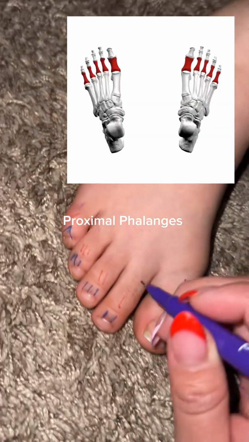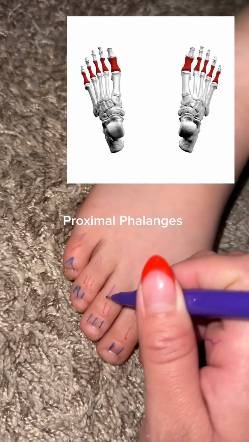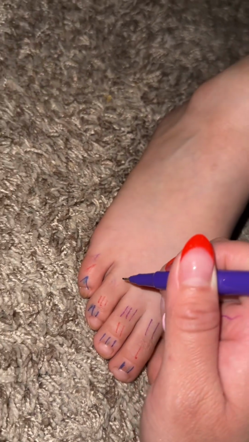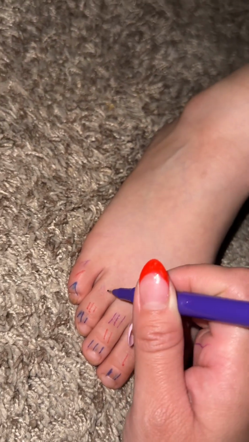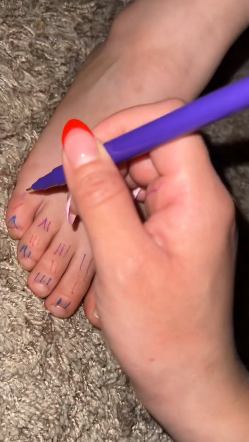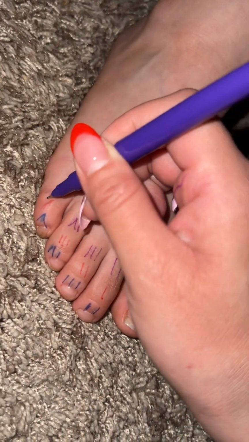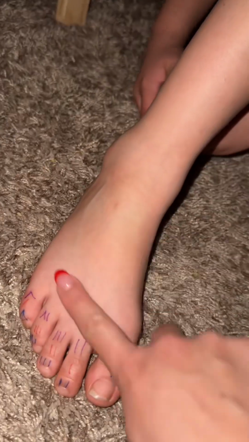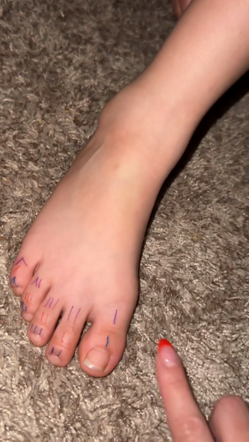Now let's do the proximal phalanges. 1, 2, 3. How do I do 4 upside down? Yeah. 4 and 5. I'm gonna do these. What are these called again, Mel?